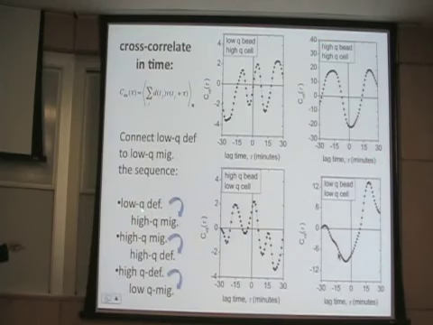Long wavelength deformations excite short wavelength cell fluctuations. Short wavelength cell fluctuations excite short wavelength deformation fluctuations. Somehow, I don't know how, short wavelength deformation fluctuations give rise to long wavelength migrations.